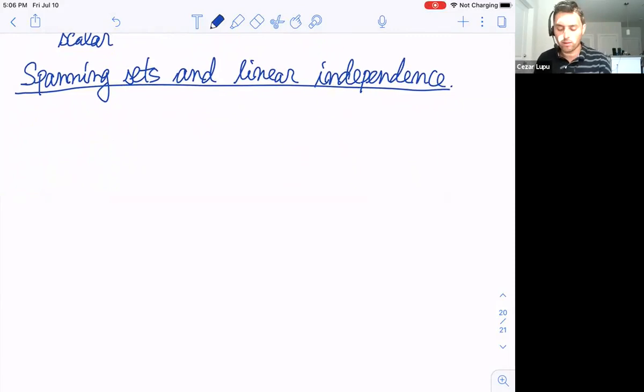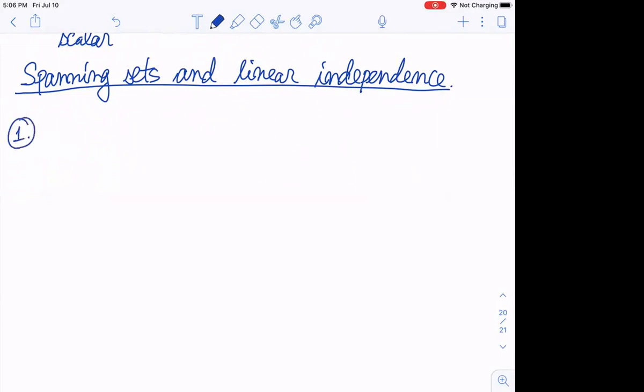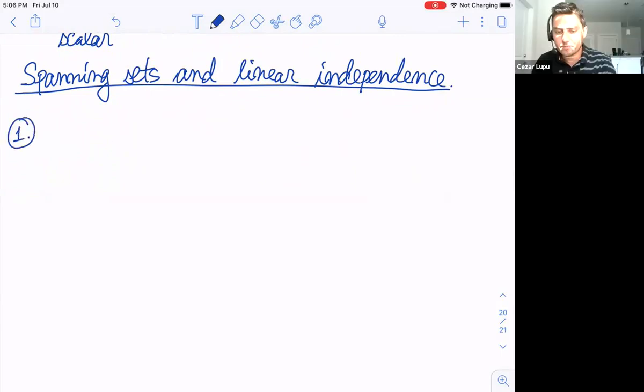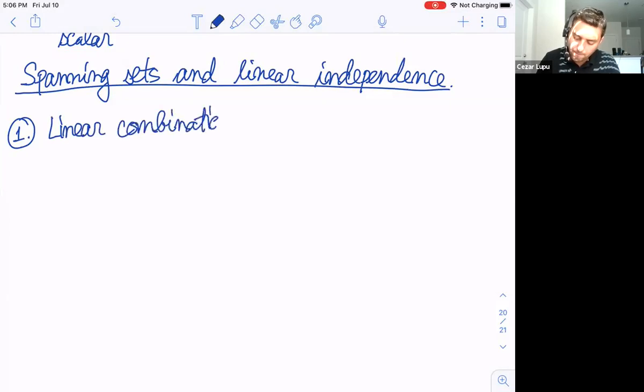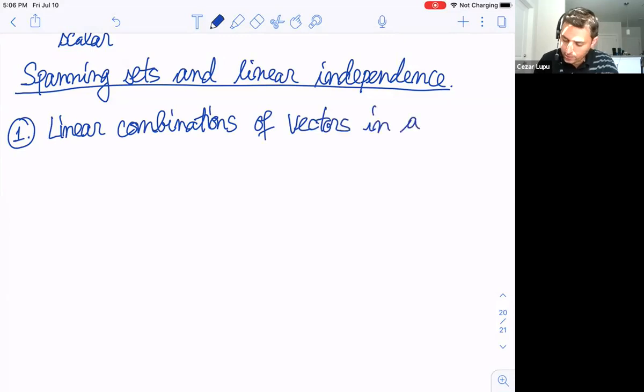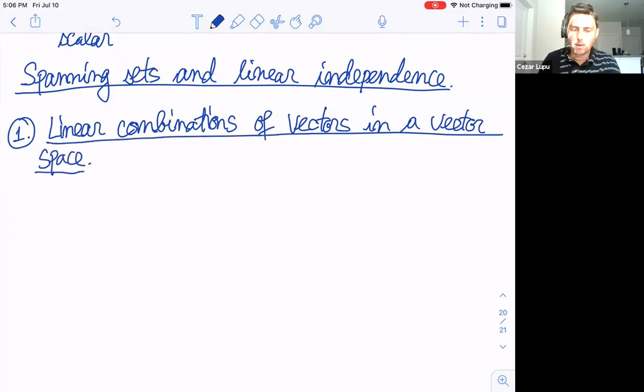But before we start talking about these, the very first thing I want to talk about is linear combinations of vectors in a vector space.